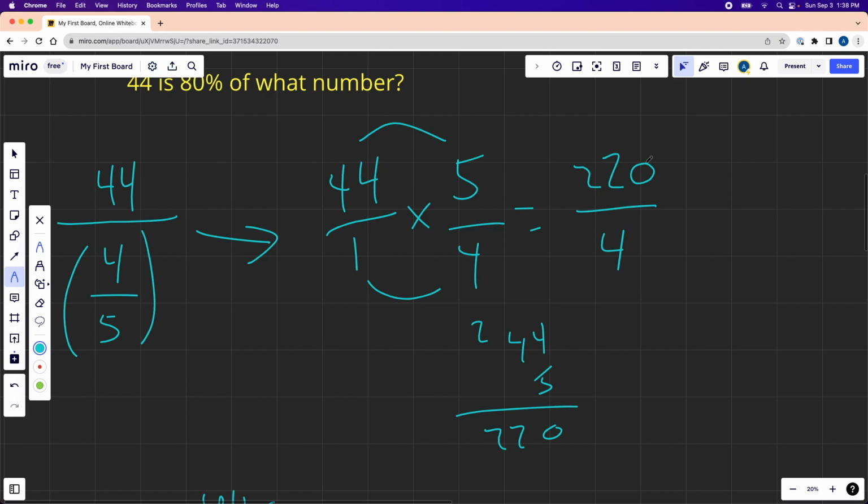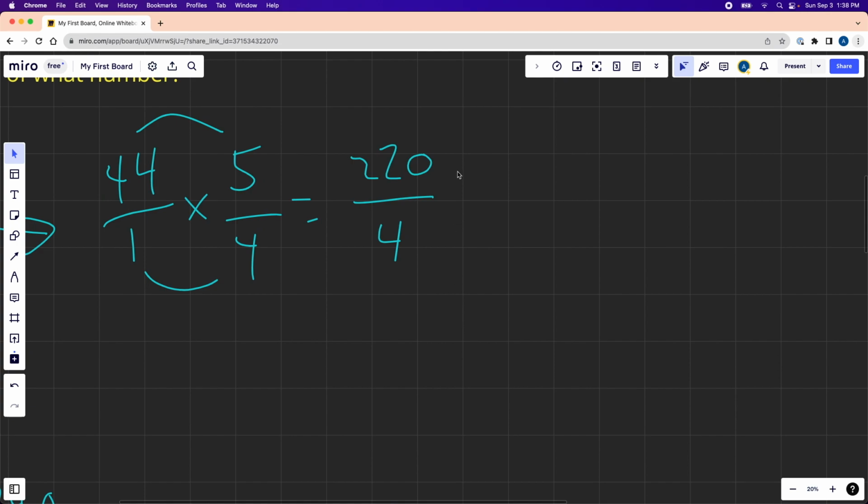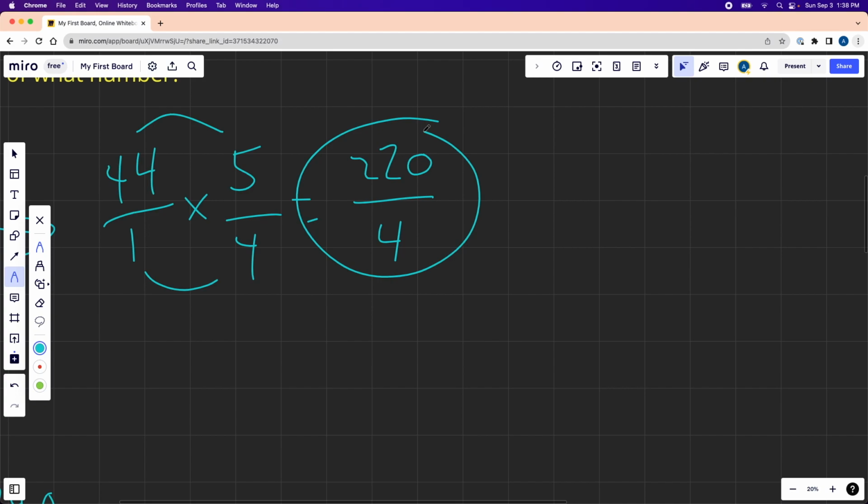All right, let's give myself a little bit more space again here. Let's clean some of this other stuff up. Now all we're trying to do is reduce this into a number here of 220 divided by 4. Well, again, without using a calculator, I could do long division, or I could realize that 220 is really just 200 plus 20.